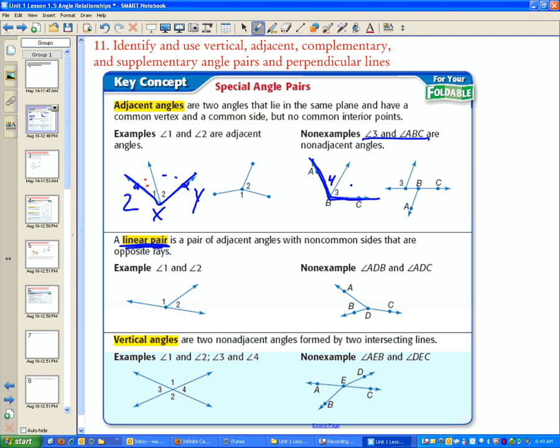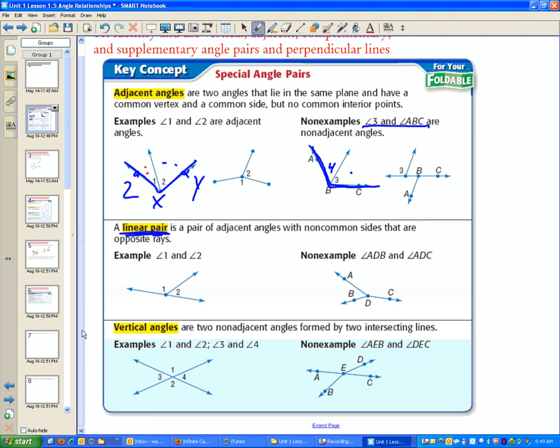Linear pairs are adjacent angles that form a straight angle. Okay? Now, since we know that the measure of a straight angle is 180, if you add the measures of the two angles that form the linear pair, what will you always get? 180.